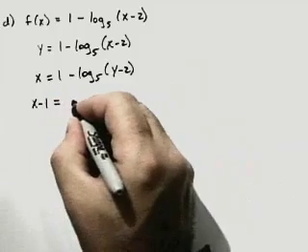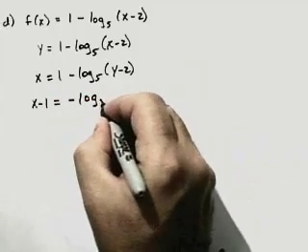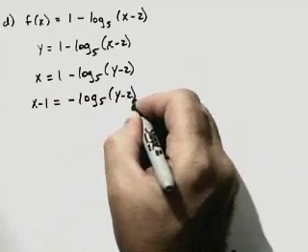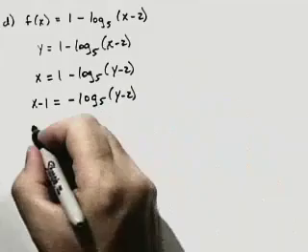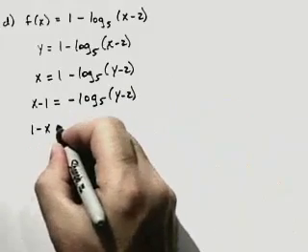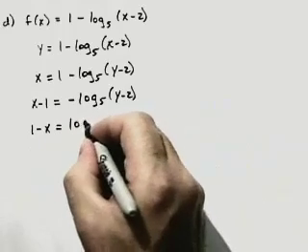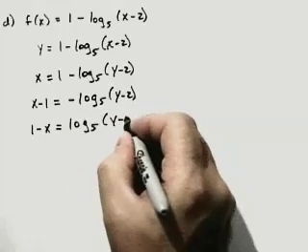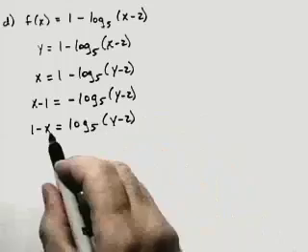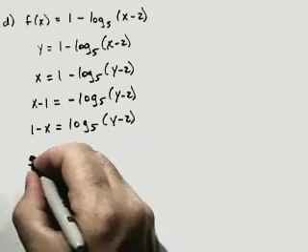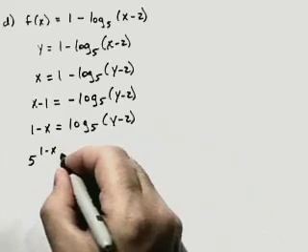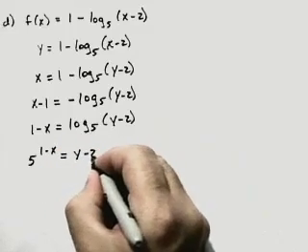So x minus 1 equals negative log base 5 of y minus 2. Multiply both sides by negative 1. We get 1 minus x on the left equals log base 5 of y minus 2. And here we have a logarithmic form. If we change to an exponential form, we can write 5 to the 1 minus x is equal to y minus 2.